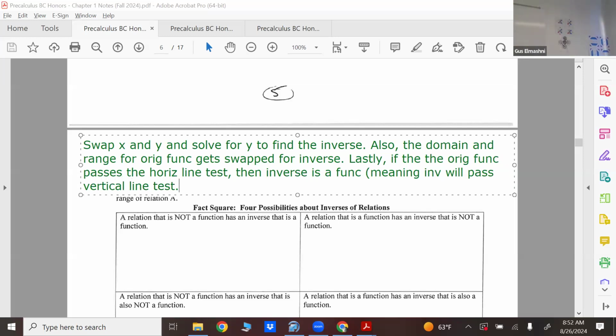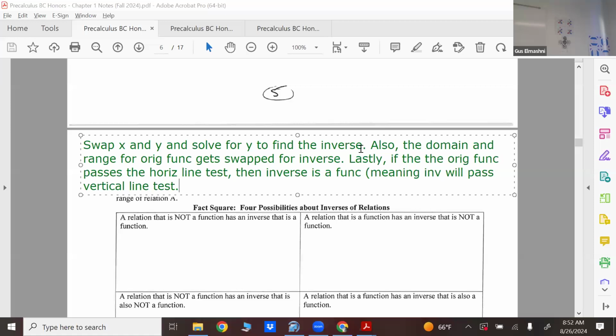I just think the other way is confusing. So you guys should know: swap x and y, solve for y. That's the most basic way we deal with inverses, right? The domain and range for the original get swapped, as they should, because that's y squared, right? Good. And lastly, if the original function passes the horizontal line test. Obviously I should say the original relationship, but I'll just call it function.